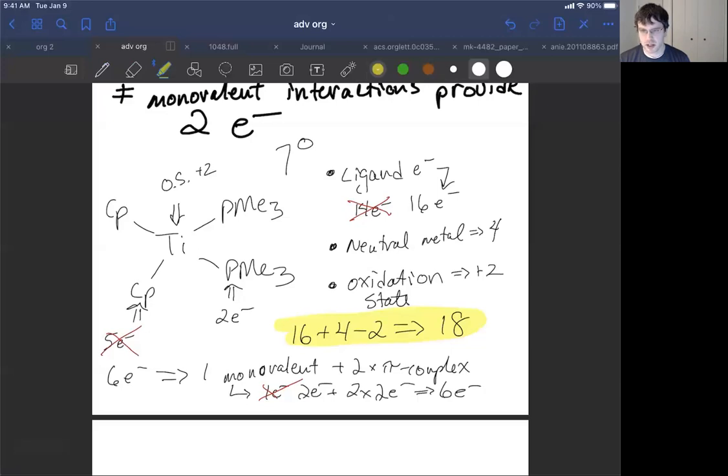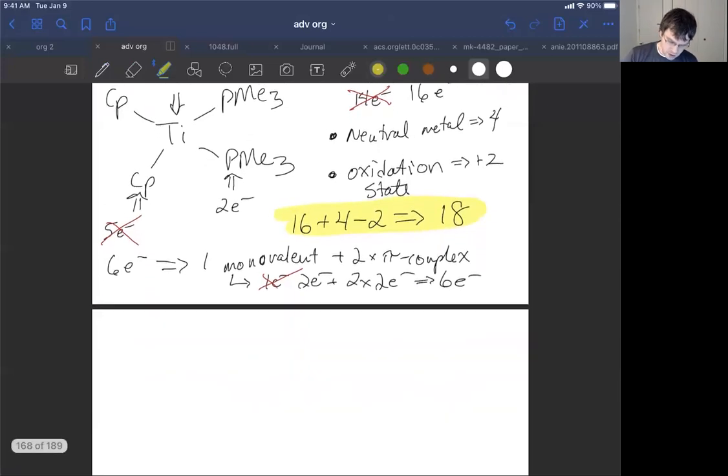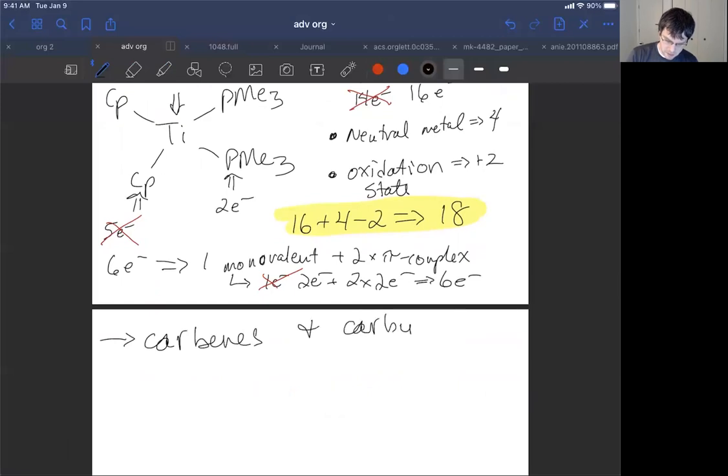Oh yeah, sure. So the other things that get doubled from 1 to 2, and then from 2 to 4, are the other things that would otherwise be negatively charged. I should say that carbenes and carbynes also double.